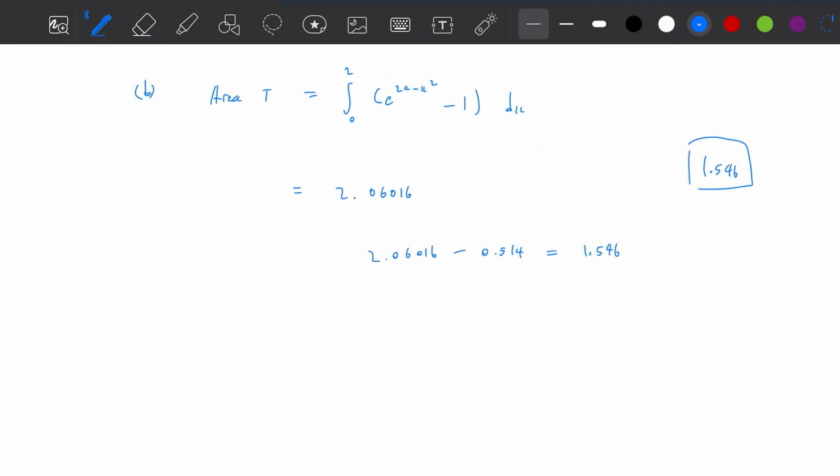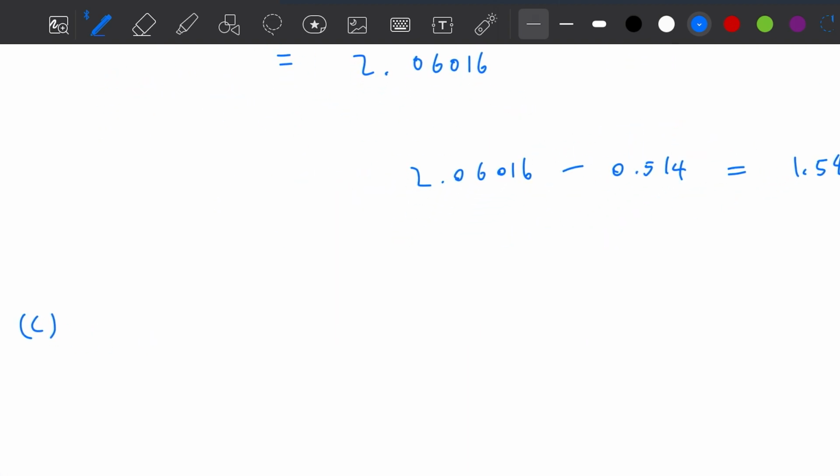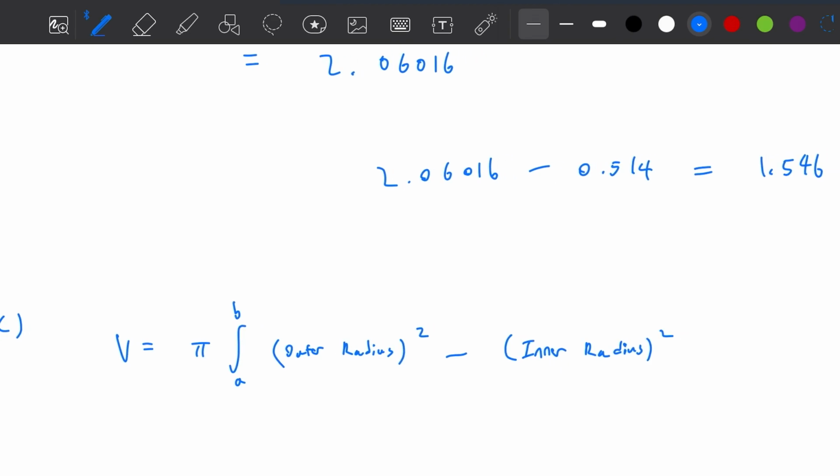To state the formula for the washer method, the volume equals pi times the integral from a to b of outer radius squared minus inner radius squared dx.